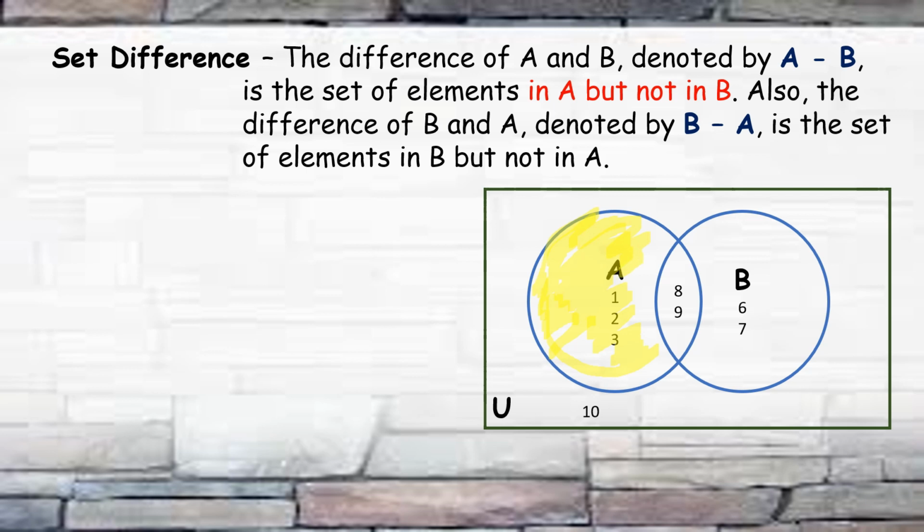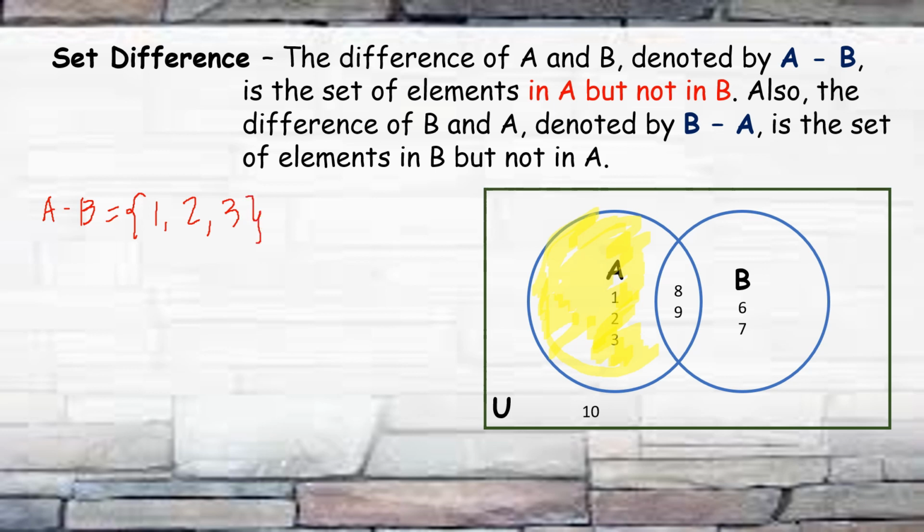Okay? So, these are the elements that in A, but not in B. Let's try to write it in the roster form or roster method. So, A minus B is equal to 1, 2, and 3 only.